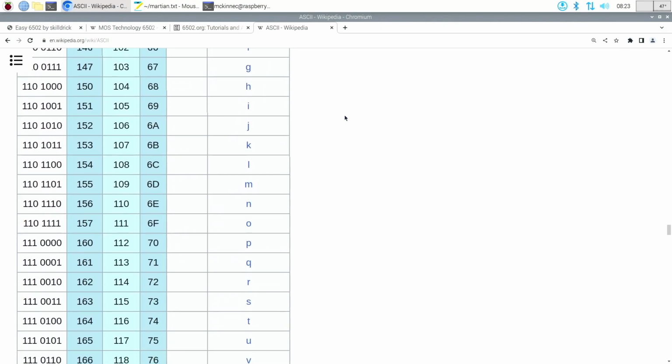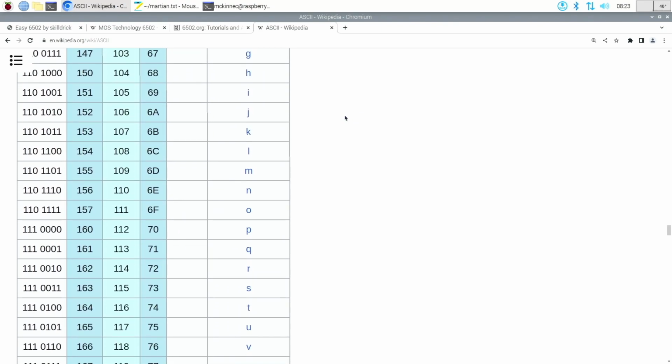If we're using 7 bits, how many things can we encode, by the way? Well, if we use 8 bits, how many different patterns are there? 256. So if we only have 7, then it's 128. Now we spent 32 of them on these weird non-printable characters like the bell and line feed and whatnot.